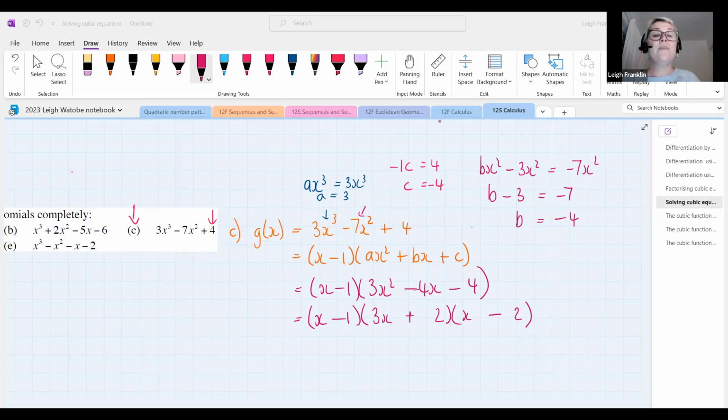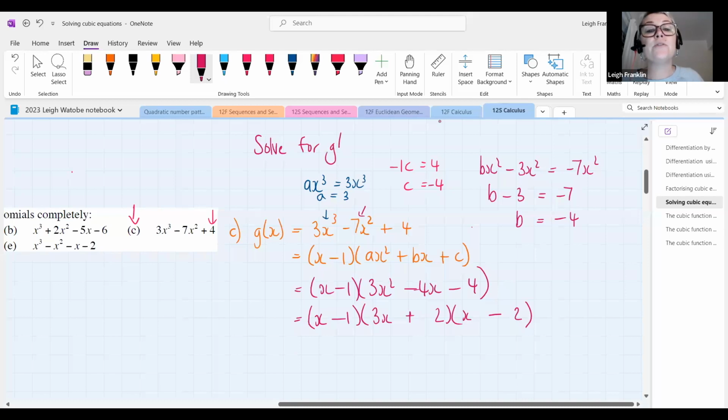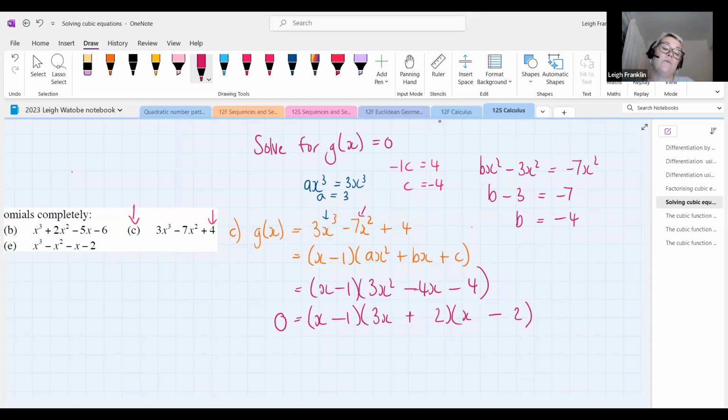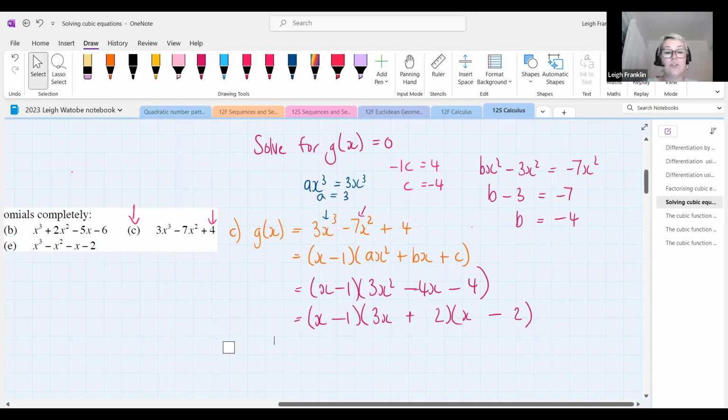So if they asked you to solve for x, so solve for g of x equals 0, then you can write down what x is equal to. At the moment, we're just factorizing, we're not solving yet. Everybody happy with it? Are there any questions?